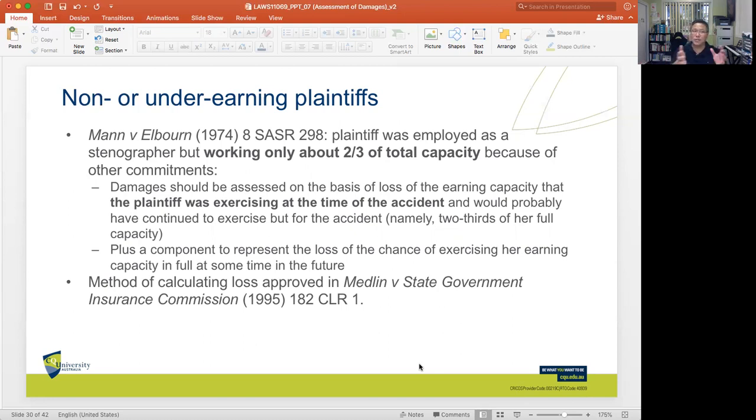In this case, because the plaintiff was only working 2/3 of total capacity, that was the basis for the computation of the loss of earning capacity in the future, plus a component to represent the loss of chance of exercising her capacity in full at some time in the future. But that component will have to be small. This kind of calculation was approved by the High Court in the case of Medlin versus State Government Insurance Commission.